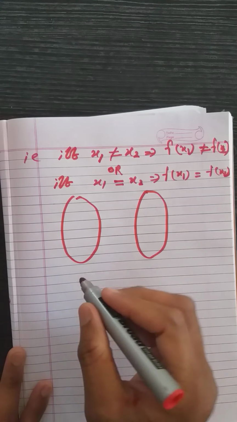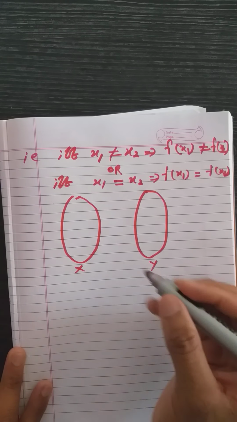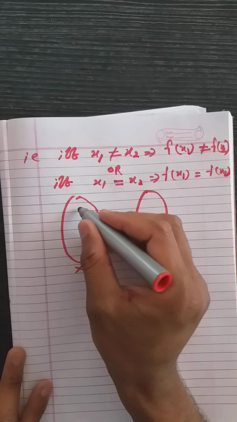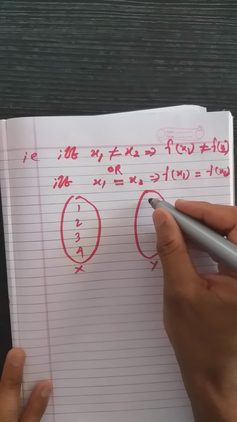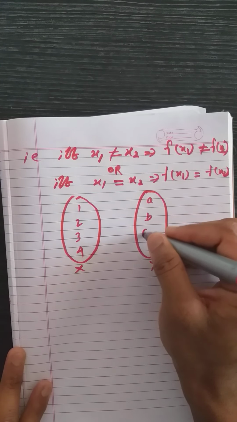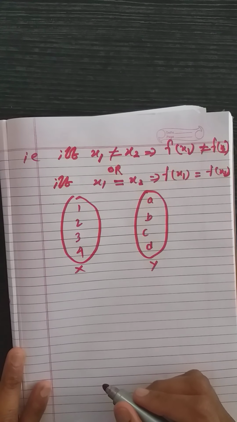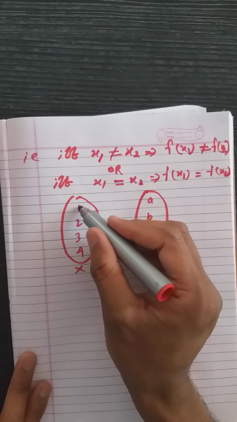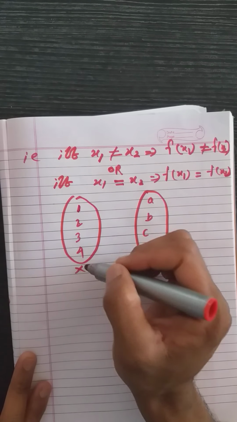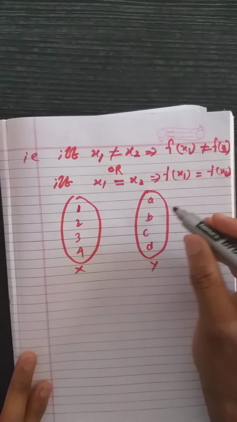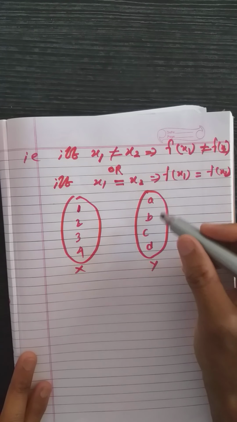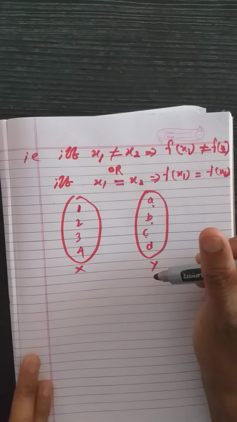This one is X, Y. Elements of X are 1, 2, 3, 4. Elements in Y are a, b, c, d. These 1, 2, 3, 4 represent x1, x2, x3, and so on. And elements in Y are represented as f(x1), f(x2), f(x3), f(x4), so on.